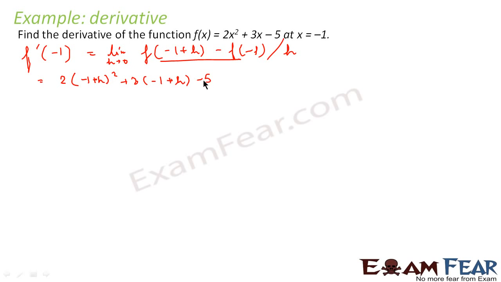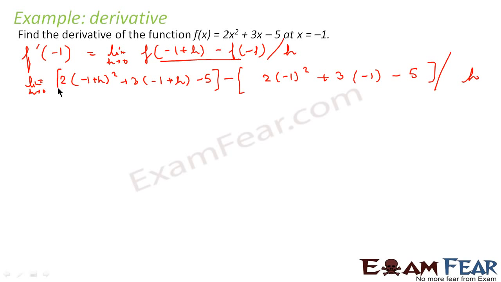This is f of minus 1 plus h minus f of minus 1, that is 2 into minus 1 square plus 3 into minus 1 minus 5, correct, the whole thing by h. Here also we'll say limit h tends to 0. This is the value, correct. Here if you see, minus 5 and minus 5 will get cancelled. We'll solve this, what we'll get here.